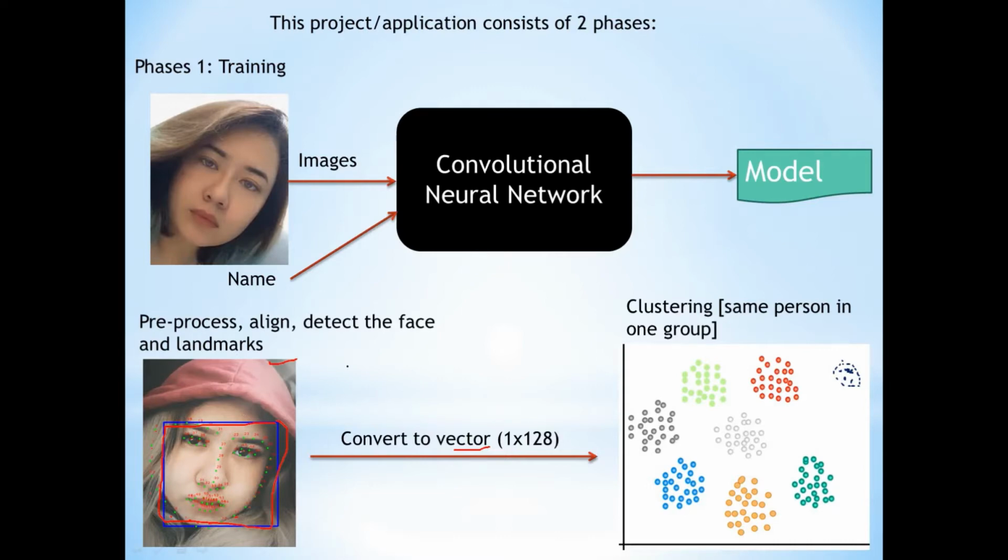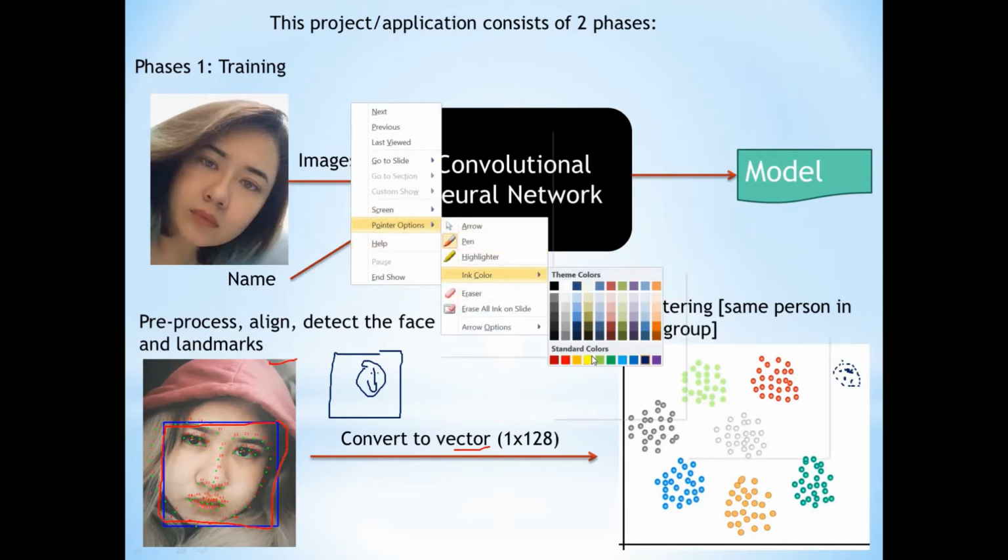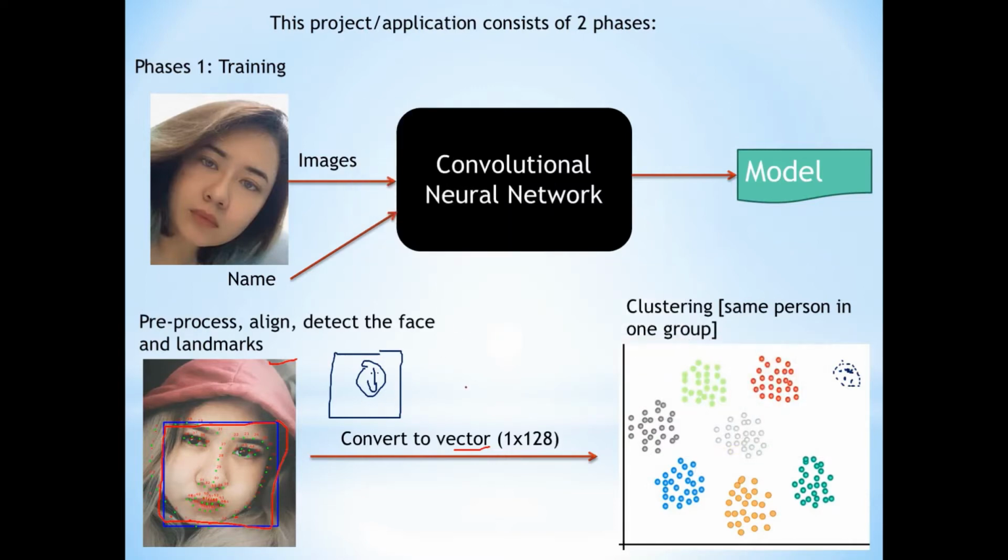When we enter a new image, let's say this is a new image, let's use a color we're not using here. Orange we already used, blue we already used, red. Let's use this dark red. When we enter this new image, let's say it will be clustered here.